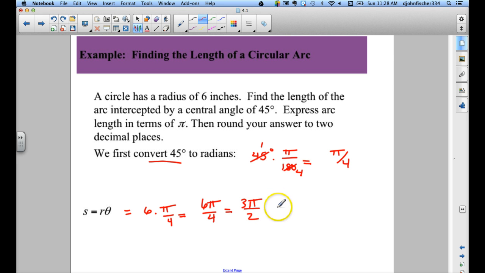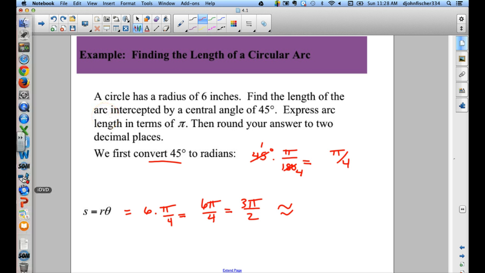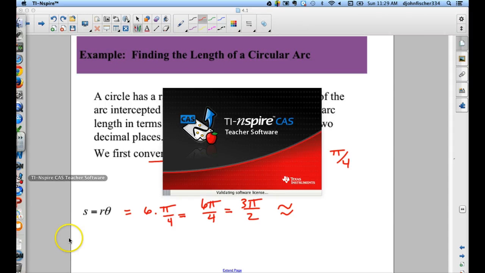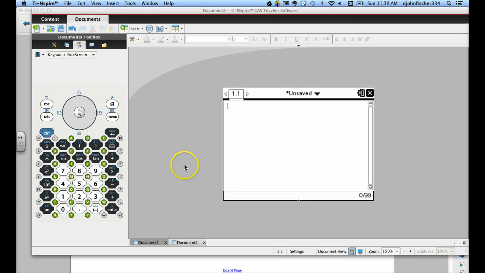Now, if I work that out, I will put in the decimals. I'm going to get my calculator out here. Okay, now we're going to go back to our problem where it says 3 pi over 2.